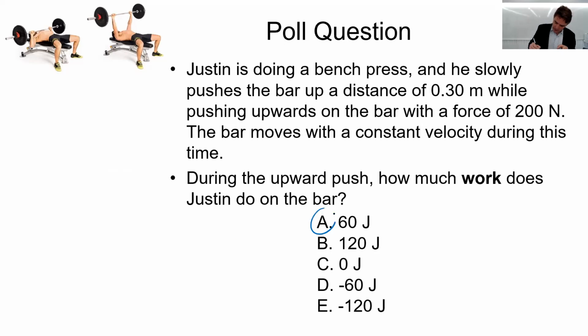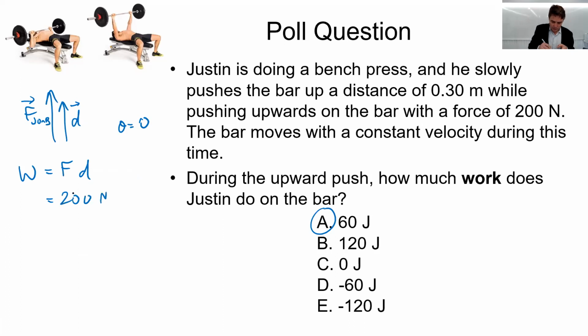I think it is A. The work is equal to, in this case, the force of Justin on the bar is up, and the displacement D of the bar is up. So you're going to be F times D, so theta is equal to 0. It's just going to be your 200 newtons times your 0.3 meters, and so that's going to be equal to 60 joules.